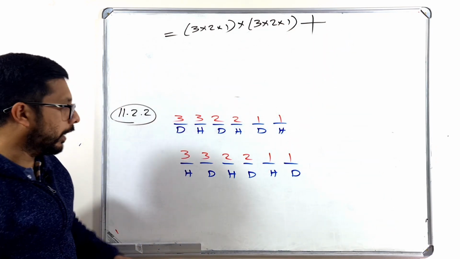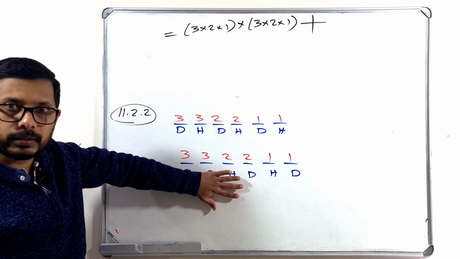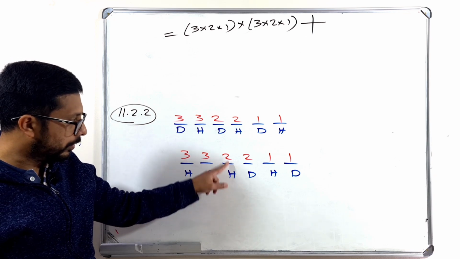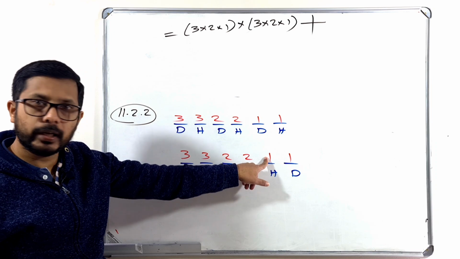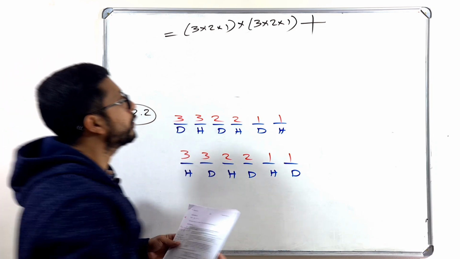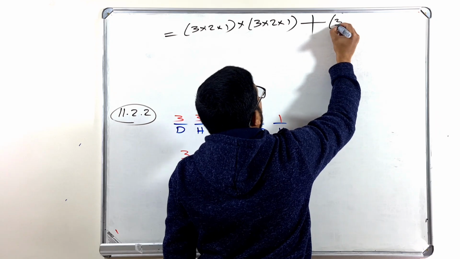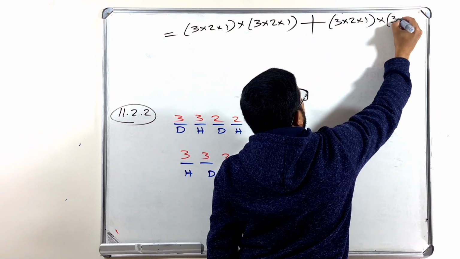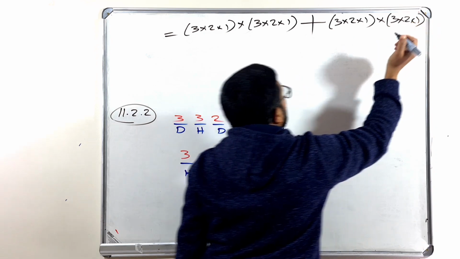Why plus? Either this option or this option. Am I right? So here also heart 3 times 2 times 1, and diamond 3 times 2 times 1, so plus 3 times 2 times 1 times 3 times 2 times 1.